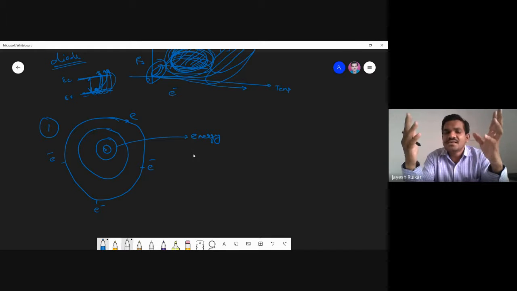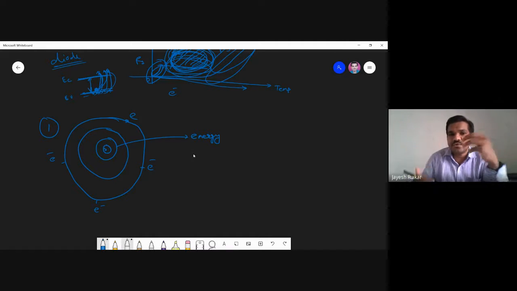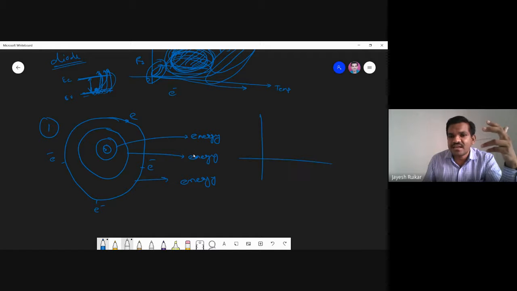Each shell has its own energy level. The first shell has some energy level, the second shell has its energy level, and the third shell has a different energy level. If you plot these energy levels, you will get them in this format.